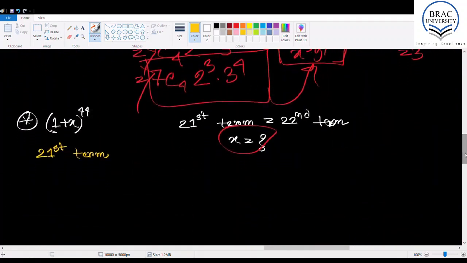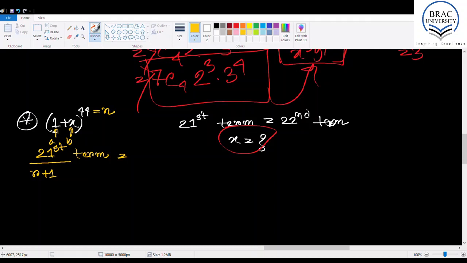Okay, so here r plus 1th term will be, this is r plus 1, right? 44 equals to n, right? A equals to 1 and b equals to x.